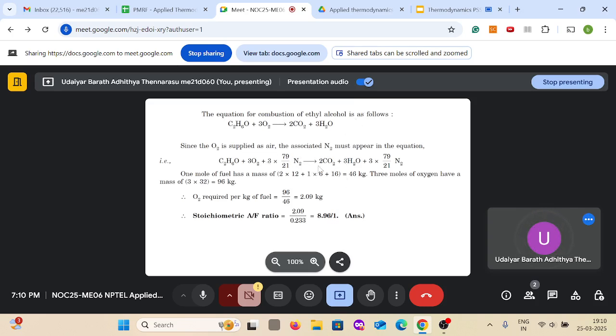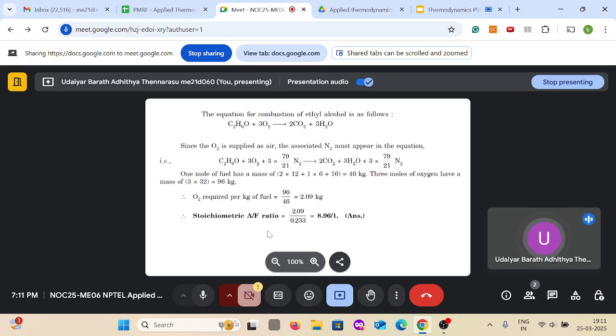So C2H6O plus 3O2 plus 3 times 3.76 N2 gives 2 CO2 plus 3 H2O plus 3 times 3.76 N2. That's the expression. The oxygen required per kg of fuel is, so 1 mole of fuel in terms of mass is 46 kg, and it requires 3 moles of oxygen, which is 96 kg. So oxygen required per kg of fuel is 96 by 46, which is 2.09 kg.